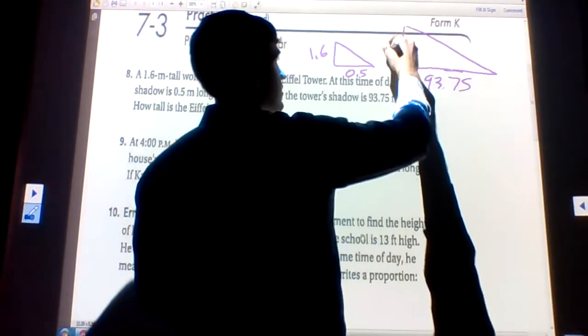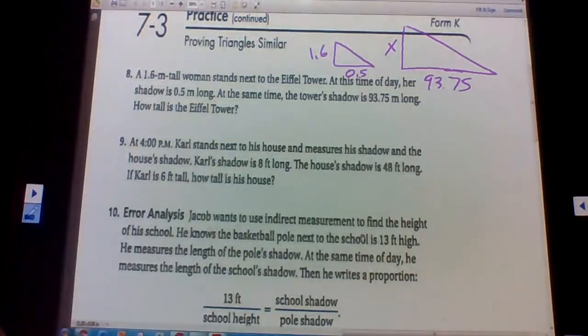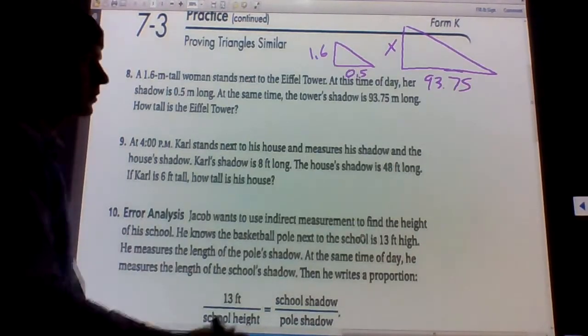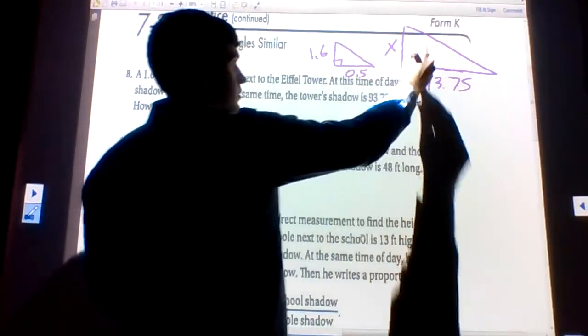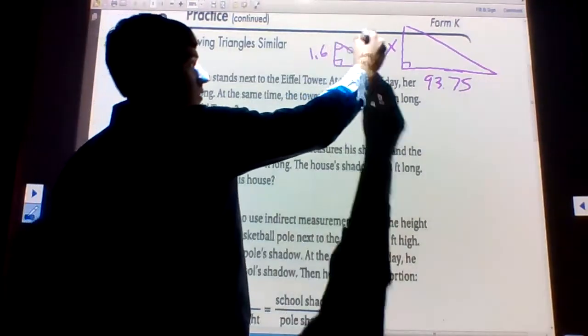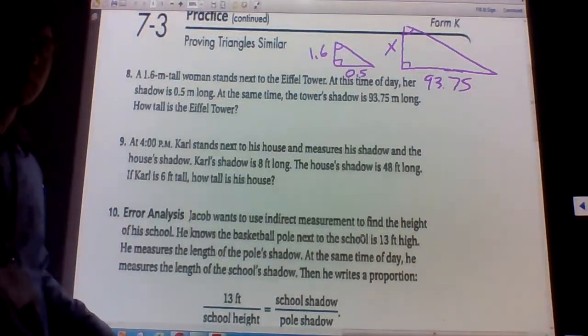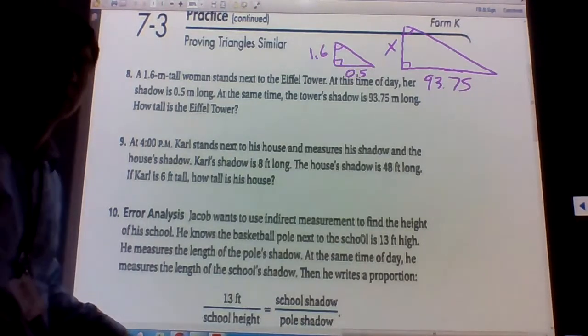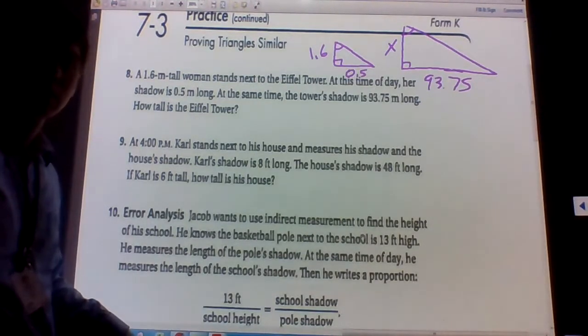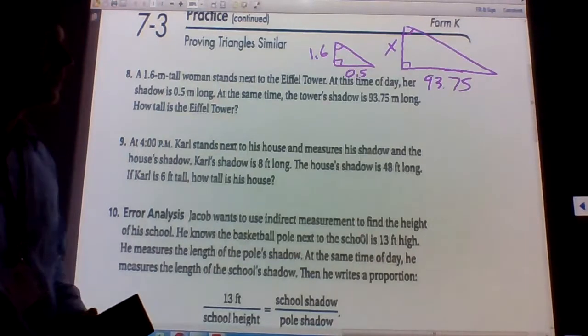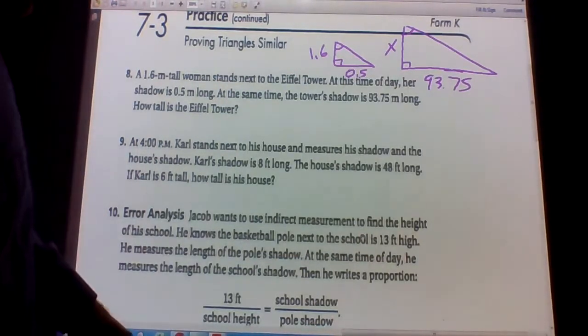Let's call it x. How tall is it? The woman and the tower are both standing at right angles, and the angle of the sun is going to be the same. It's the same time of day, so we can consider that angle equal. So you have two pair of angles that are congruent, so you have angle-angle similarity, which means the sides of these triangles are proportional.